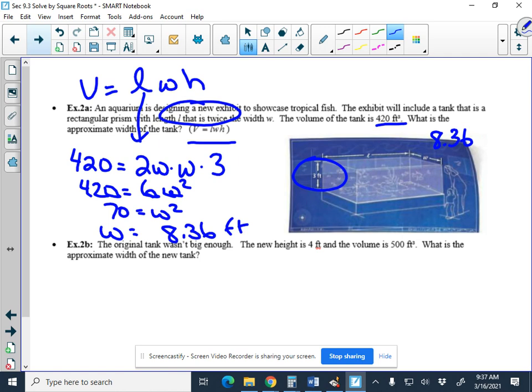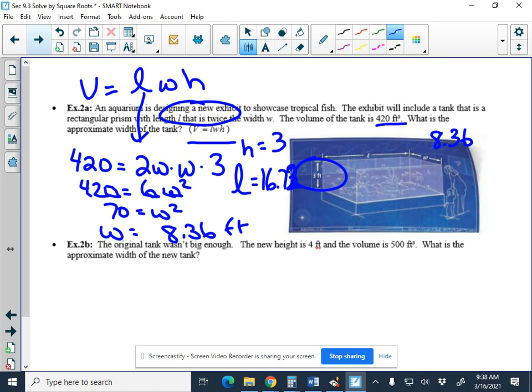We know that the height was already 3 feet. What is the length? On your calculator, hit times what to get the length? The length is what times the width? 16.7. What is it? 16.7. What'd you hit to do that? Times 2.